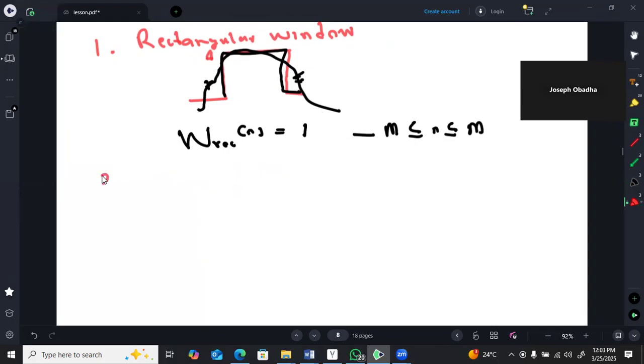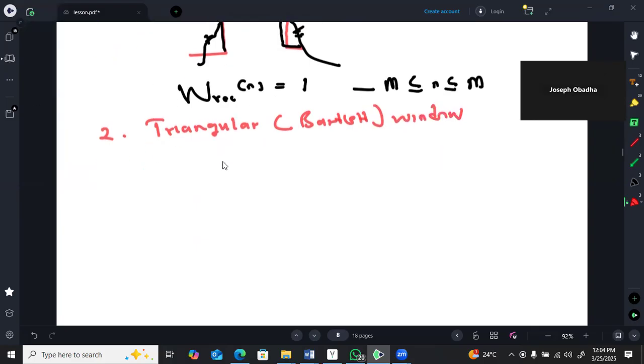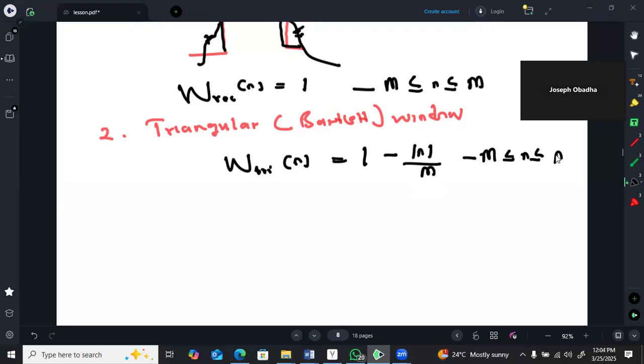Then the other window that we have is the triangular or Bartlett window. The characteristic of a Bartlett window is given by W triangle n equal to 1 minus n over M for the whole range of the filter coefficients.